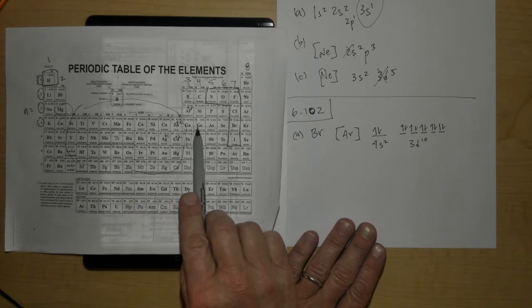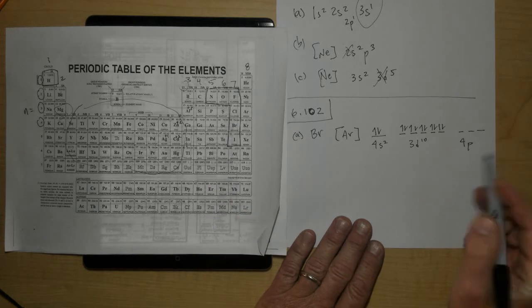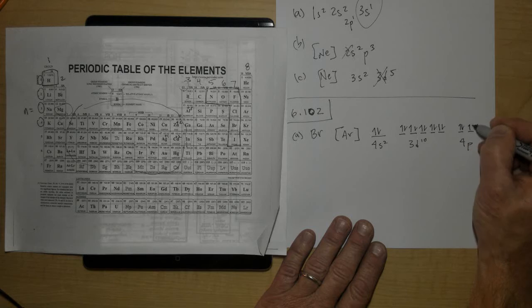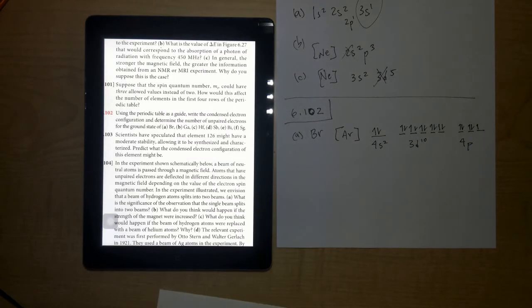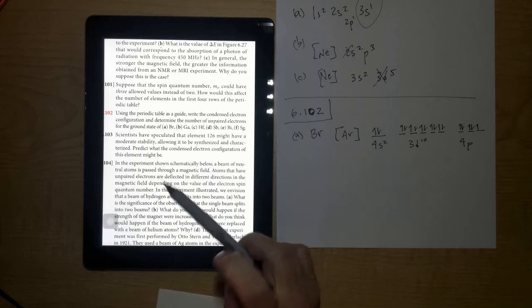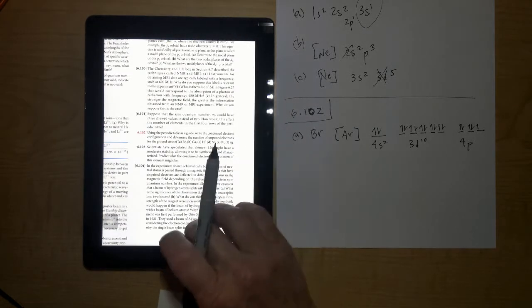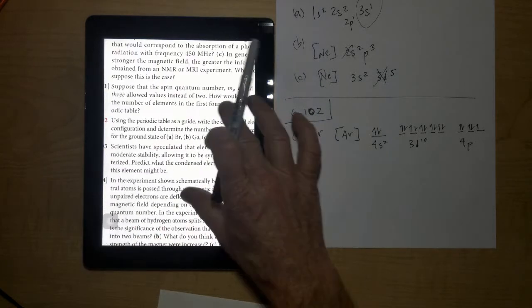And then there'd be 1, 2, 3, 4, 5 electrons in the 4p set of orbitals. 3 orbitals because it's a p sublevel. 1 in each orbital before they start to pair up, and then pair up 2 of them. So to answer the second part of the question then, after you've written this orbital notation, it wants to know how many unpaired electrons are there in the ground state.